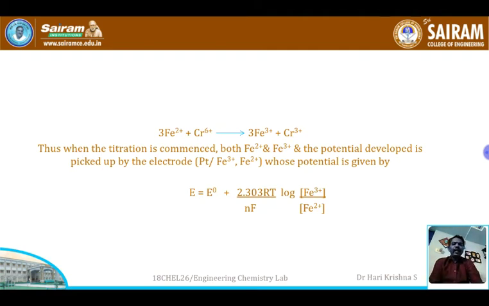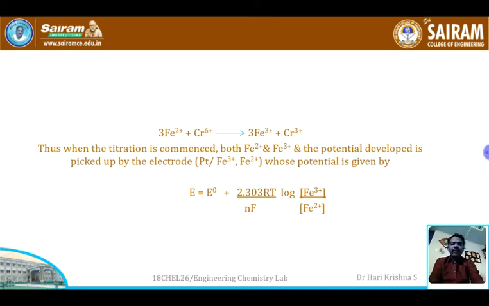Once the entire Fe2+ is oxidized to Fe3+, the potential will now depend upon chromium. During the course, Cr6+ becomes Cr3+, so the Cr3+ concentration reaches a maximum level.